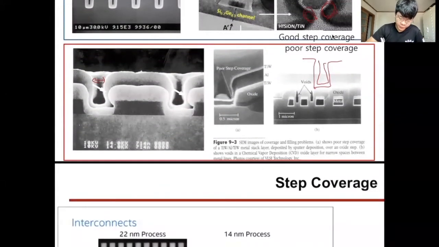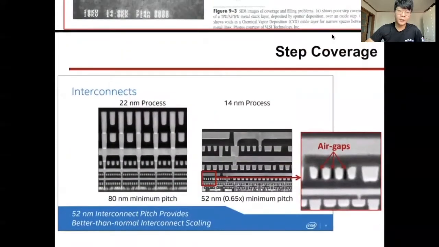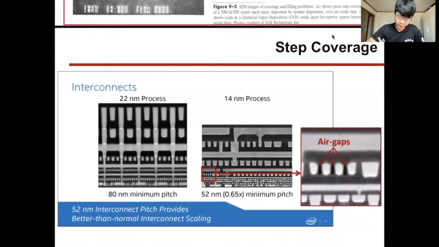Also, there could be a void which is filled with air. We can use this poor step coverage as a good dielectric, using the void as a material for electrical isolation. Here is an example.